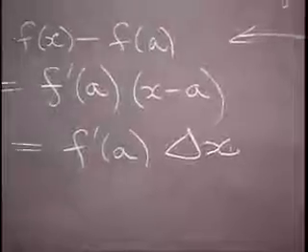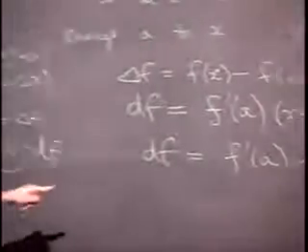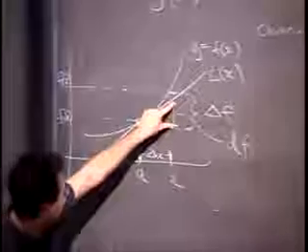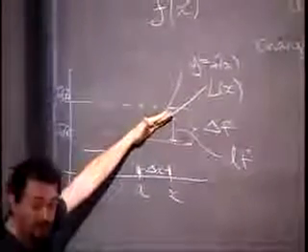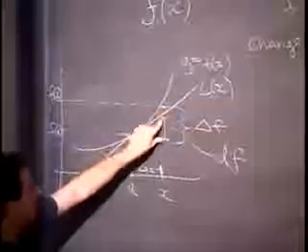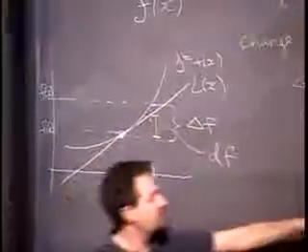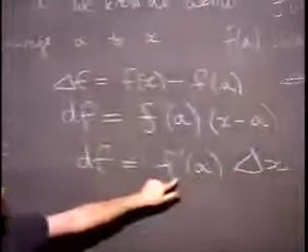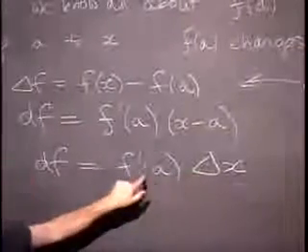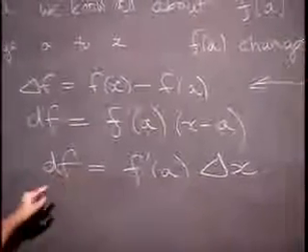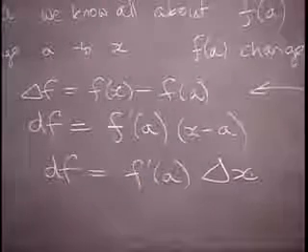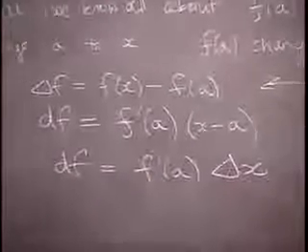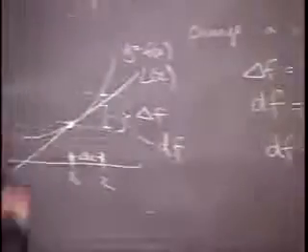And if you look at it, all this equation says is that df, the differential, over delta x is equal to the slope of the line. So it's the rise over the run, and of course the slope of the line is f prime of a. So if you rearranged this equation to read df over delta x is f prime of a, you would get something that just says rise over run is the slope.